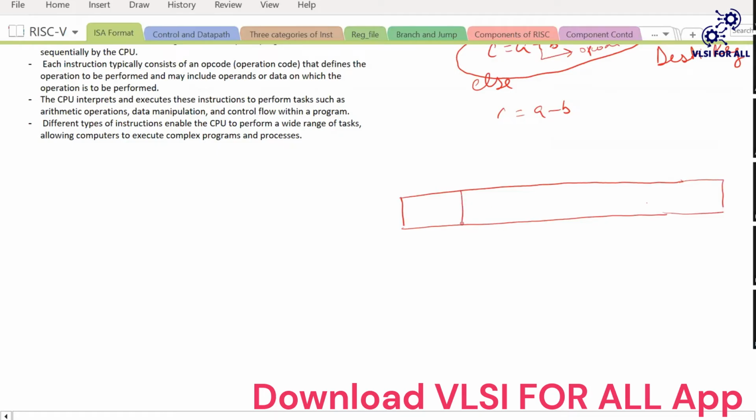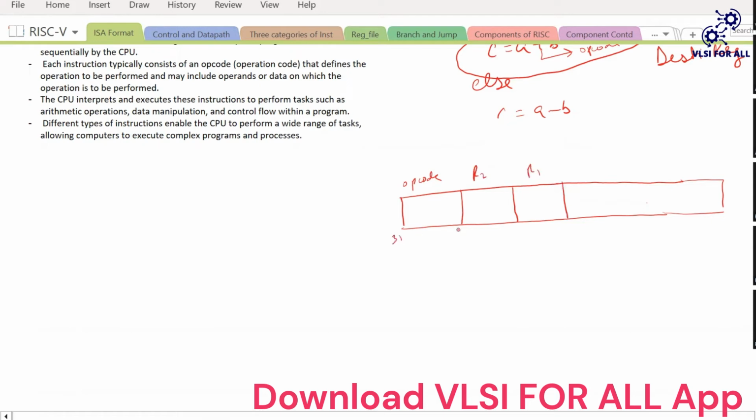For load store, the first six bits are going to be our opcode. The second, let's say we call it R2, and this will be our R1.